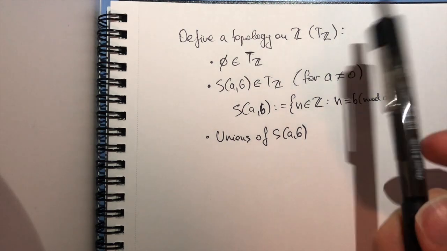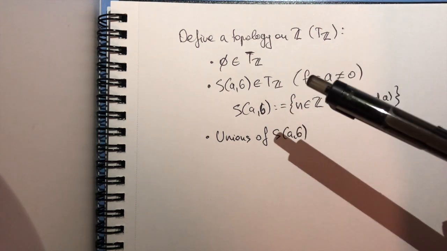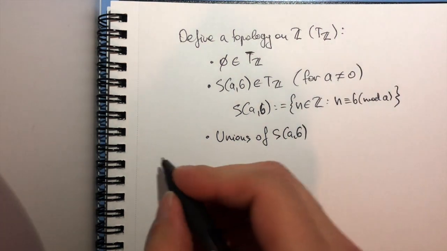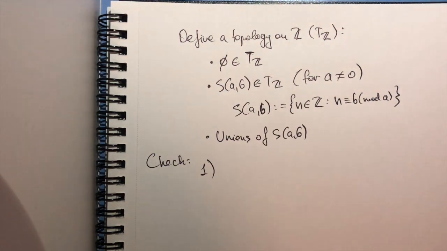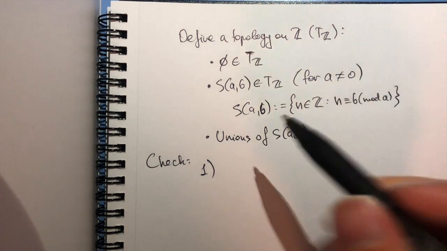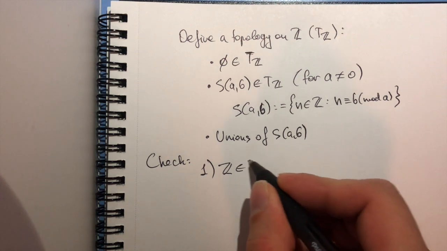Now, this is my definition, but I of course need to check that this definition does indeed give us a topology. So the empty set is included, but we also need to make sure that the whole space belongs to our family.